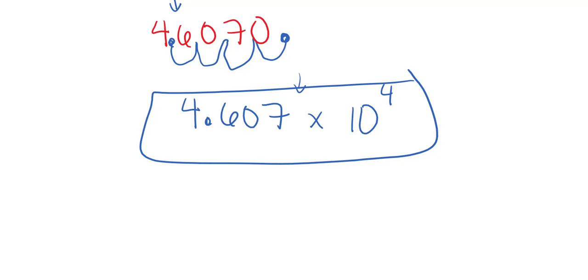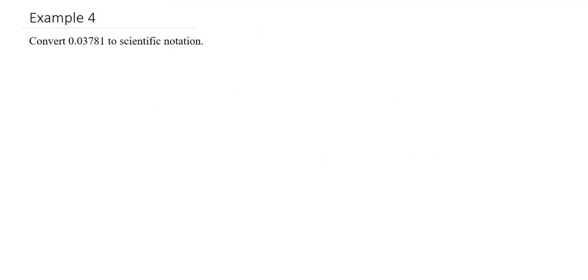So let's do the final example. Example 4, we're going to convert this number to scientific notation. We have 0.03781. We have a decimal here, but we need to get it right between the 3 and the 7.